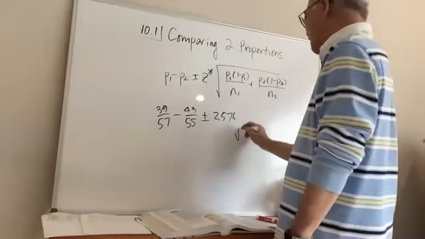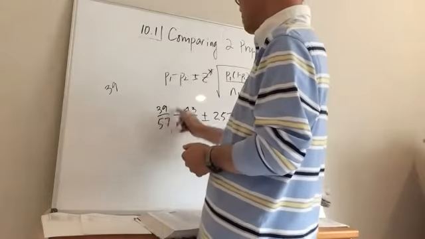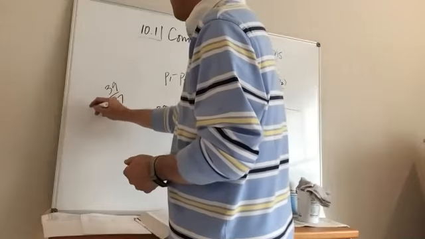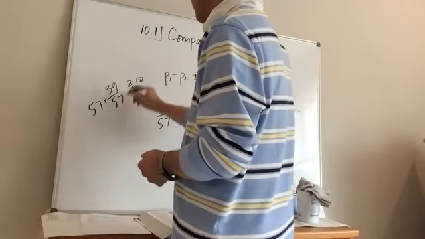Then we have to do the large counts. What's the large counts for the first one? We had 39, and it's because this is P times N, which would be 39, greater than 10.